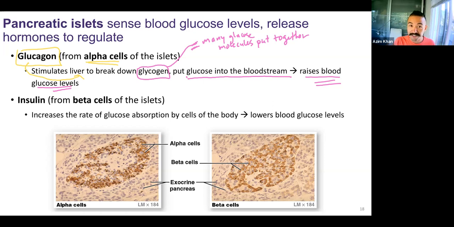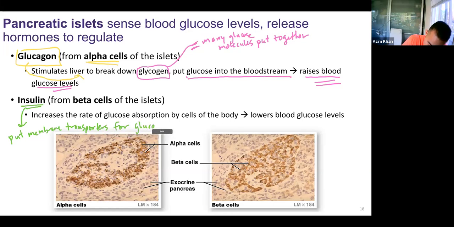You need to undergo exocytosis to place them there. To tell your cells to put in more membrane transporters, you need another hormone called insulin. Insulin tells your cells to put more membrane transporters in the membrane.